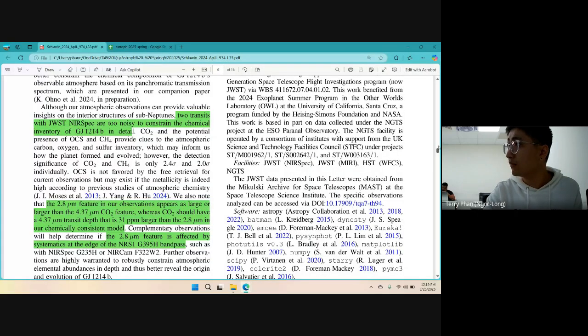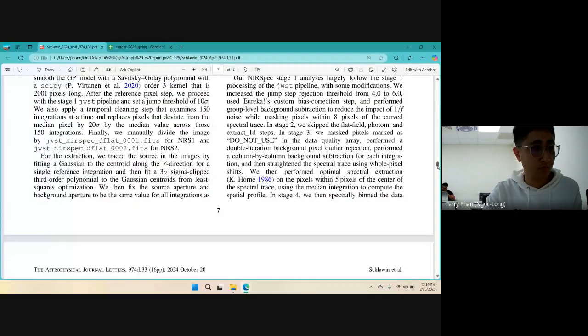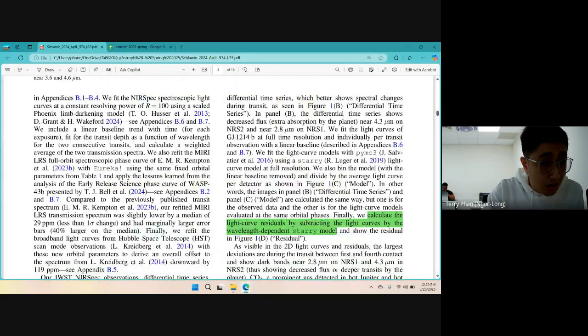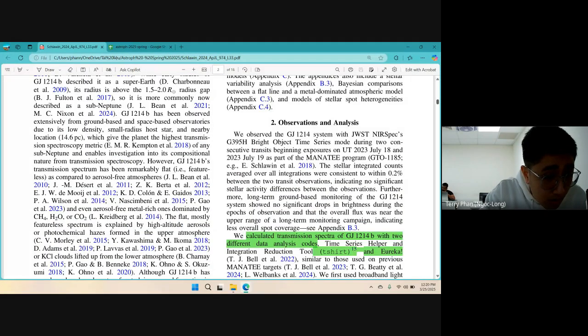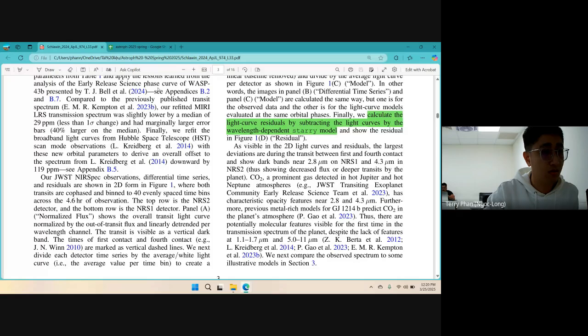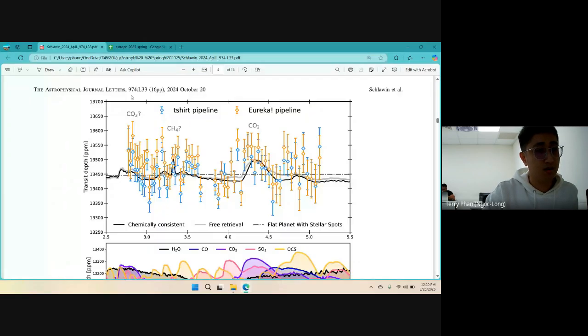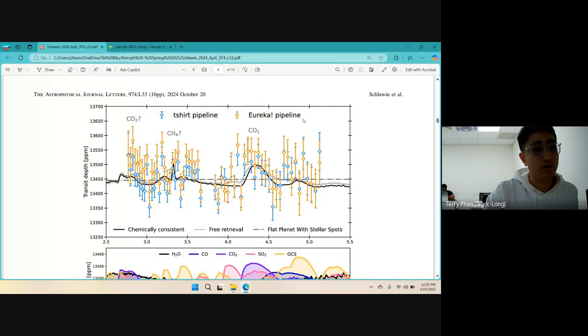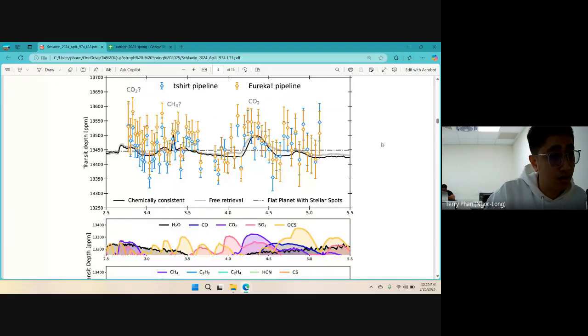What's the main difference between the two pipelines? Let me see. In figure 2? In figure 2, it's a slight systematic difference. I'm not sure if it's related to the algorithm, how they do the pipeline for these two data sets.